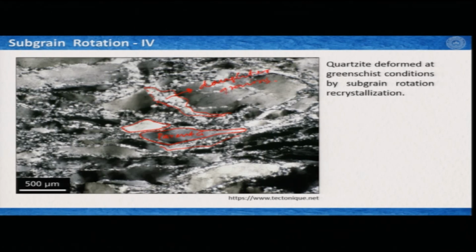So, if you see this kind of microstructure, then you clearly can say that this is certainly a deformed rock, and the deformation mechanism going on here is some sort of subgrain rotation.